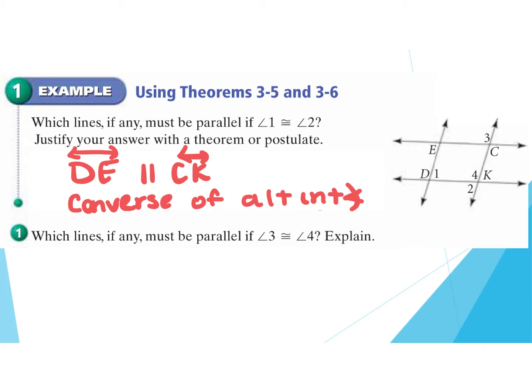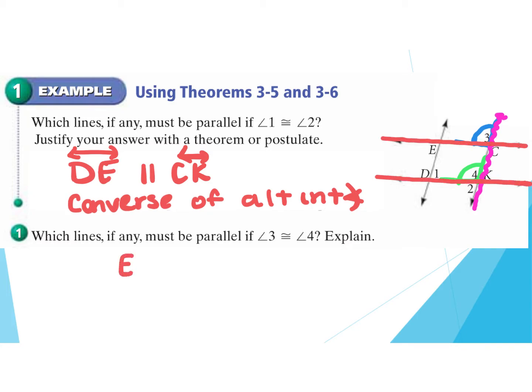For the next, I'm going to start by erasing everything and trace over my angles again. So I have angle 3 and angle 4. Now I have angle 3, which has these sides, and angle 4, which has these sides. My transversal again becomes where they run into each other. So the other sides of the angles are the parallel lines.